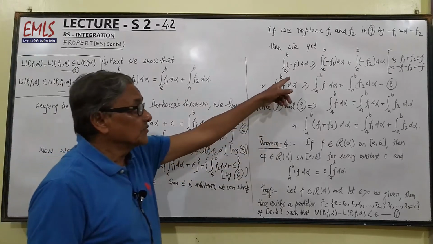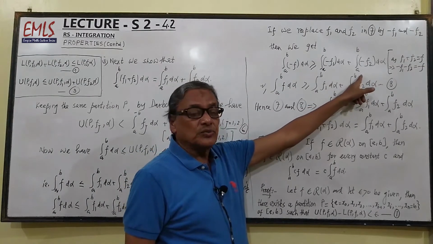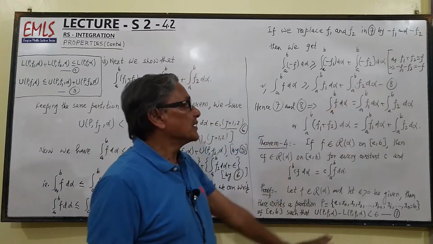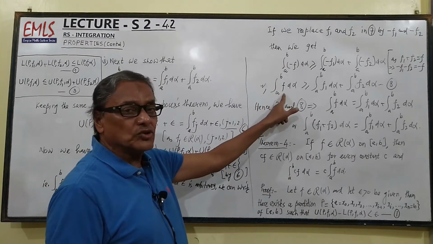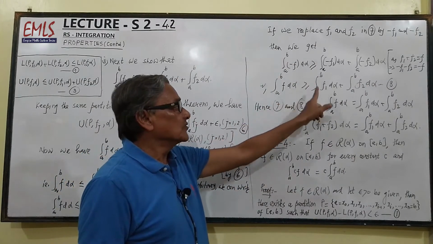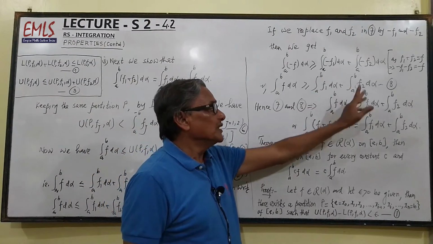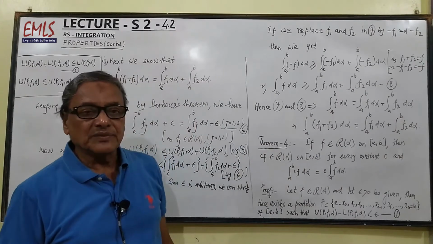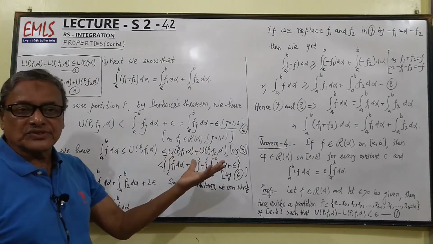So it is greater than or equal to the integral from a to b of minus f1 d alpha plus the integral from a to b of minus f2 d alpha. Cancelling out the minus, we will be left with the integral from a to b of f d alpha greater than or equal to the integral from a to b of f1 d alpha plus the integral from a to b of f2 d alpha. So this is point number 8. Hence 7 and 8 imply equality follows.